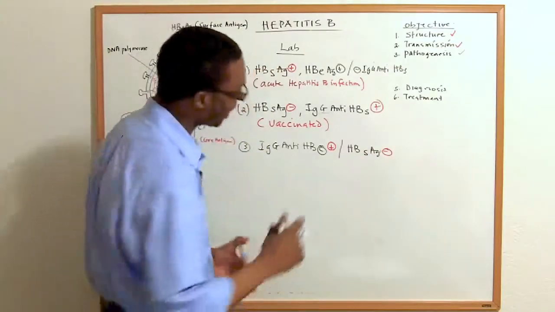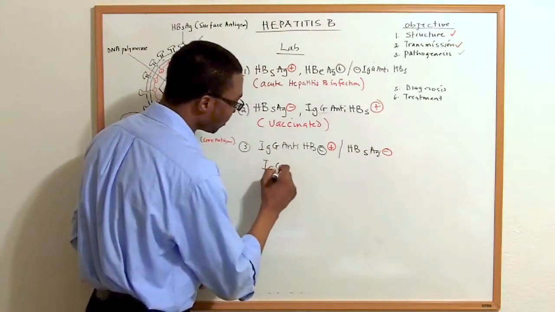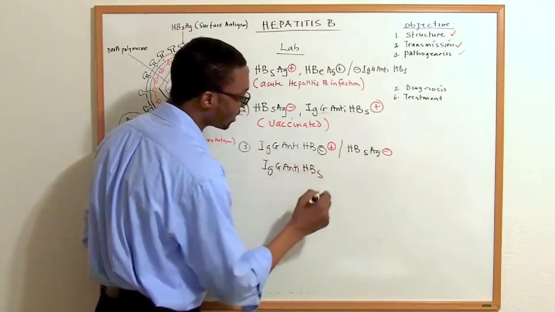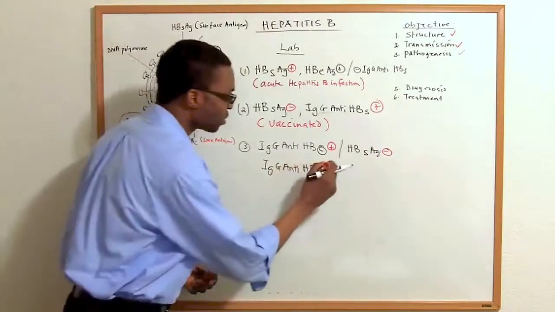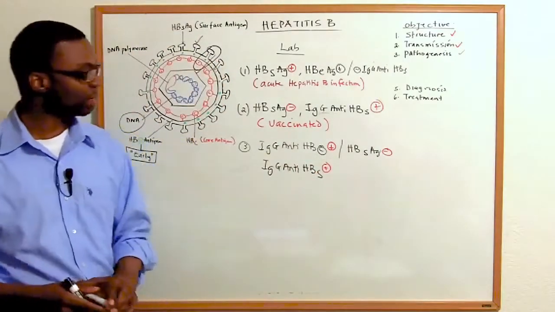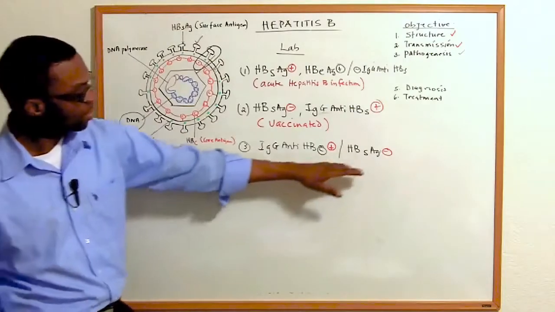Also, they have an IgG anti-hepatitis B surface antibody that comes back positive. What do you think the patient had? Think about it. Let's see.